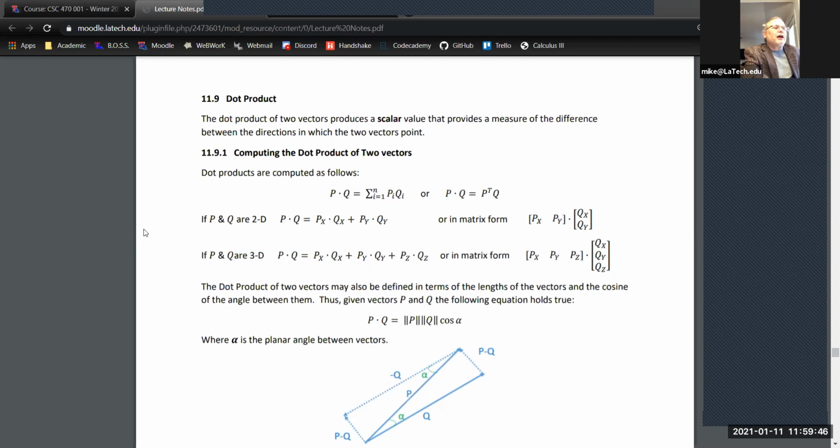Okay, that gives you the dot product of P and Q. Basically, you're multiplying like terms, the x's together, the y's together, the z's together, et cetera, and then adding all of that together. So if you've got a three-dimensional vector P and a three-dimensional vector Q, the dot product is px times qx plus py times qy plus pz times qz. It's very simple to compute, okay?